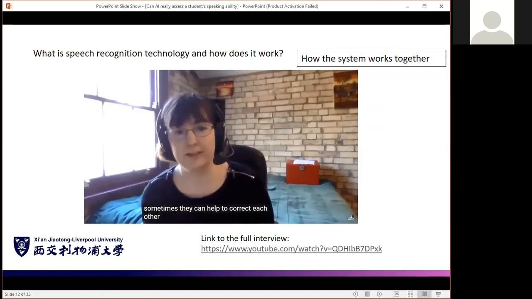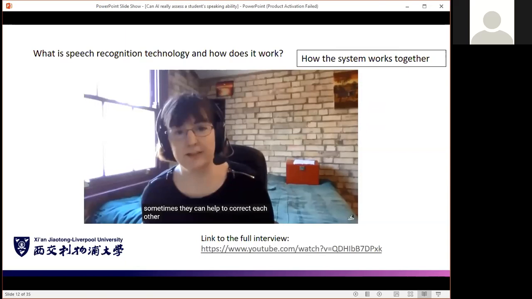It's training itself. It's predicting what should come next, and it's also able to identify the likelihood that if a surprise word comes, it's an error, and then work out what it probably was. So it's an amazing piece of kit.